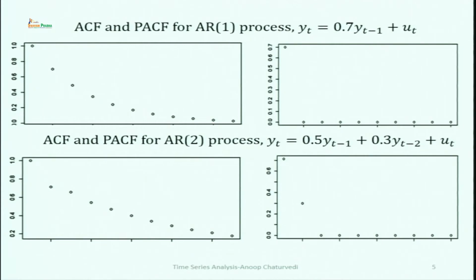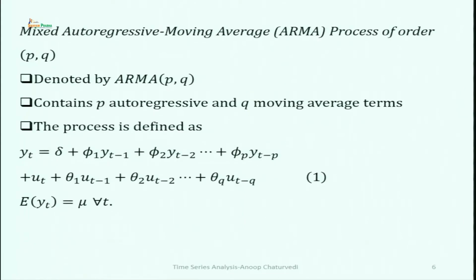Now, this particular property of the ACF and PACF of autoregressive and moving average processes plays an important role in identifying these processes and also identifying the order of these processes. Now, we consider the mixed autoregressive moving average process of order p, q.